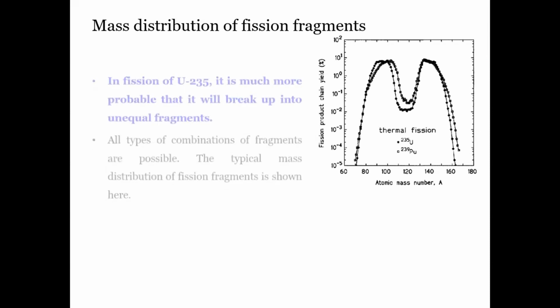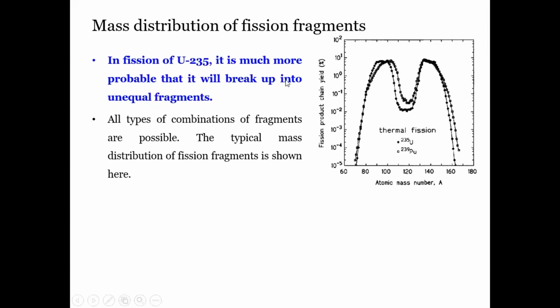If we look at the mass distribution of fission fragments in fission of U-235, it is much more probable that they will break into unequal fragments. If you plot the atomic mass against the fission products formed as a result of thermal fission in U-235 or in plutonium, we see that many pairs can be formed, but the majority of them will peak here and here. A very, very small number will be of equal size; mass numbers around 120 and 120 will be a very small number.